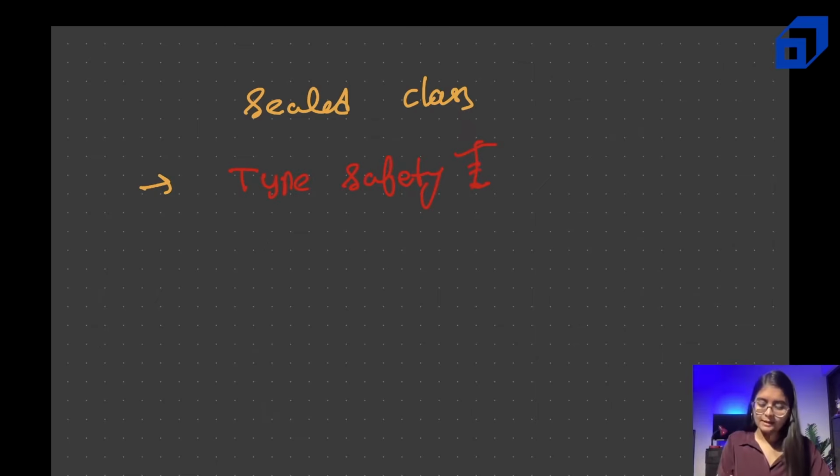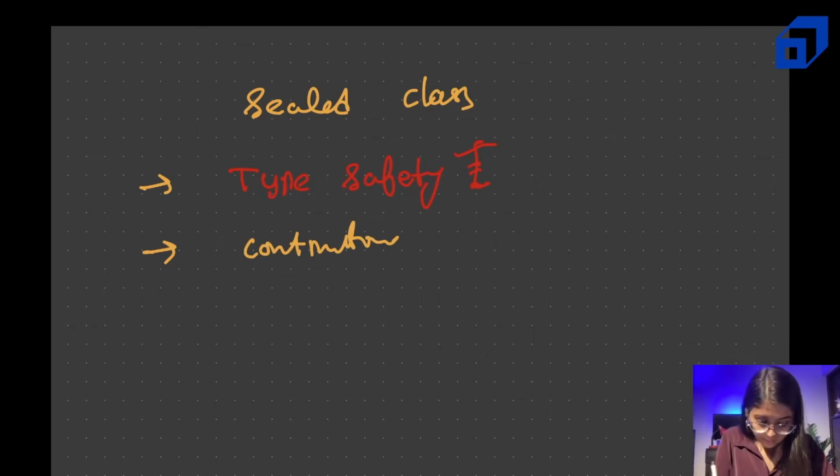So sealed classes are there to ensure type safety, so that there are fewer errors, crashes, etc. because of this issue. Another interesting thing to note about sealed classes is that by default the constructors in sealed classes are private.